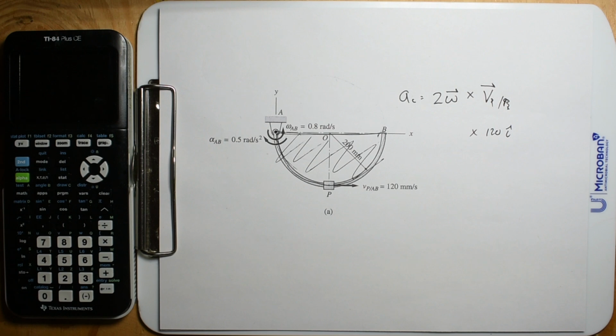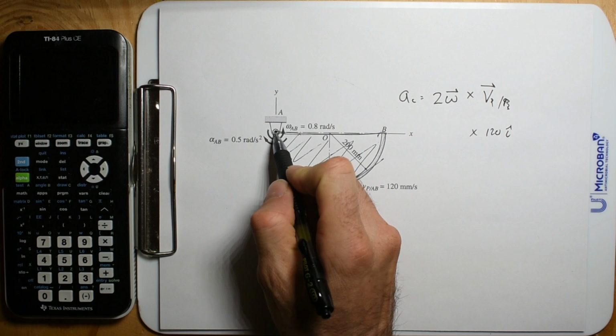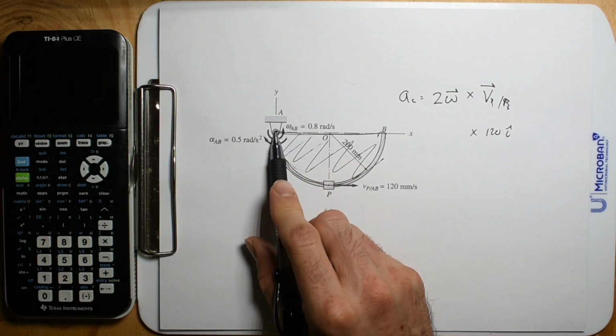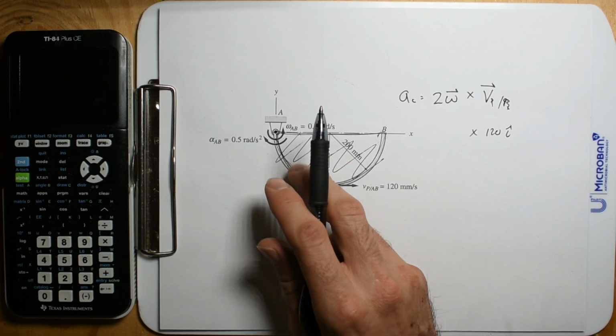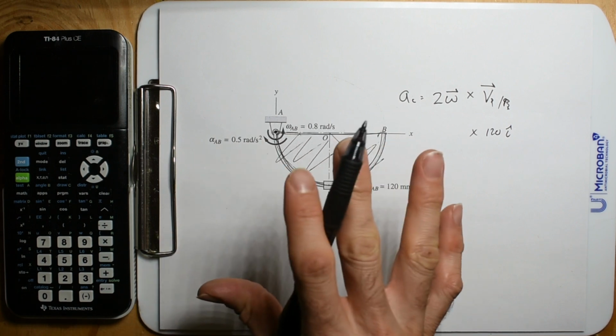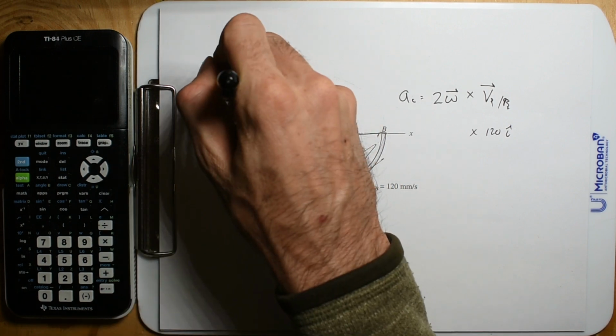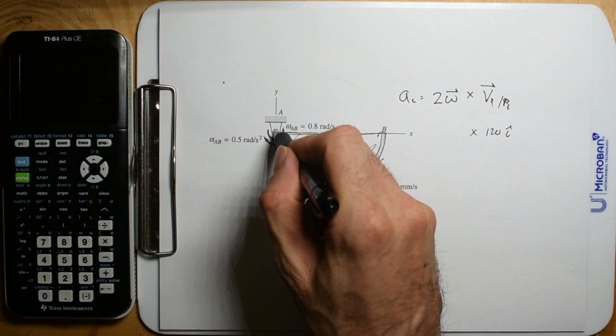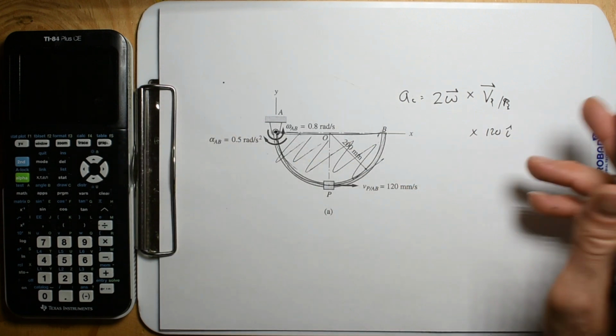Coriolis acceleration. Anyway, these problems have like two origins. One is fixed and it can be outside of the body. One is on the body right there. And we just got to move on.